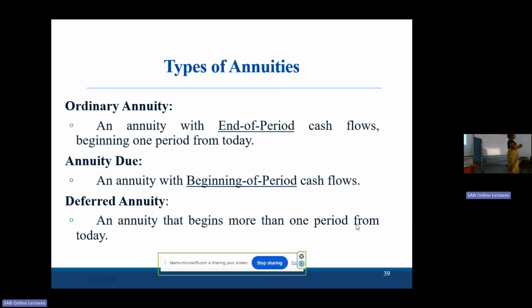Also, if you take rent, normally we pay rent at the beginning of the period. If you are paying on the 1st of January, that is for the month of January. So that is the beginning of the period. So rent can be an annuity due, and also some loans are there where the institution requires the first installment immediately. There are some loans with that kind of condition.